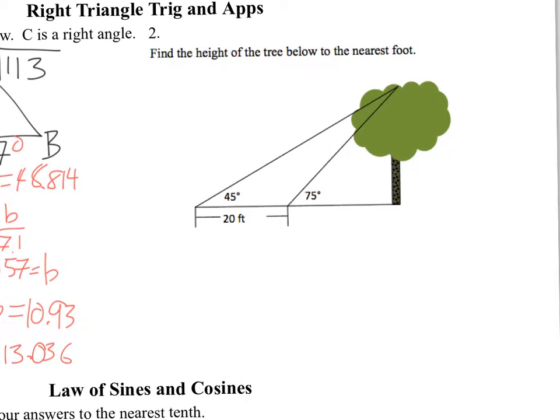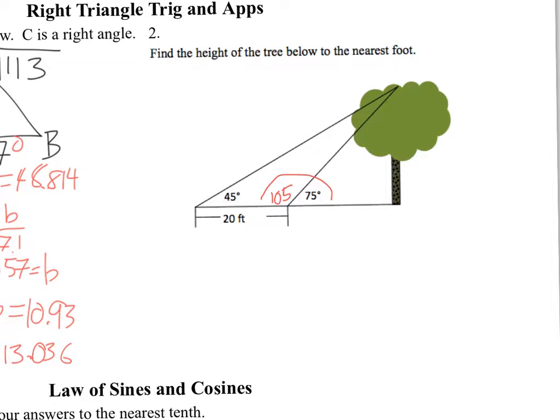Finding the height of the tree below, we could do this using either law of sines or using some right triangle trig. I found that students tend to like the law of sines starting point, which is based on the idea that this is 180 degrees in total, so that part's 105.